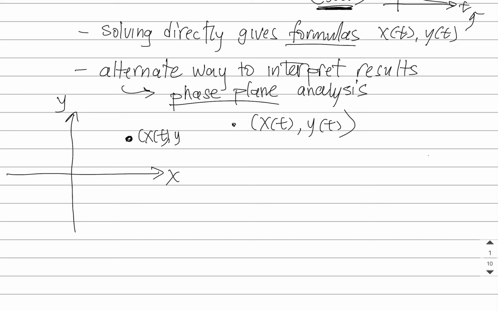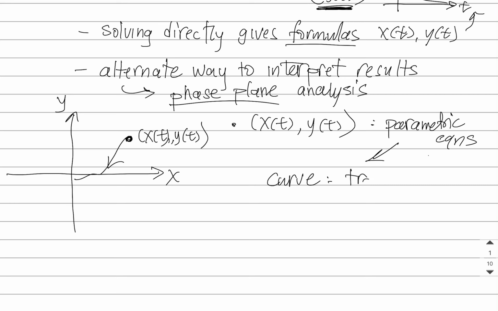And they will end up being the parametric equations for a point in this plane. So these are going to be parametric equations. And the curve that they trace out in time is going to be called a trajectory.